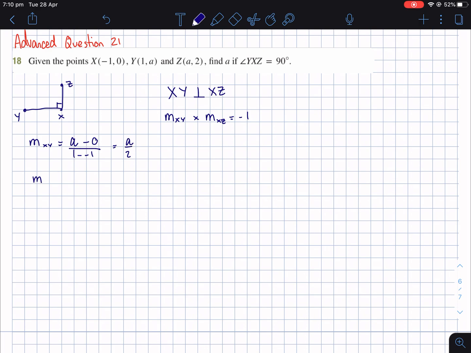The gradient of XZ equals 2 take A over A take 1. There's no simplifying that.